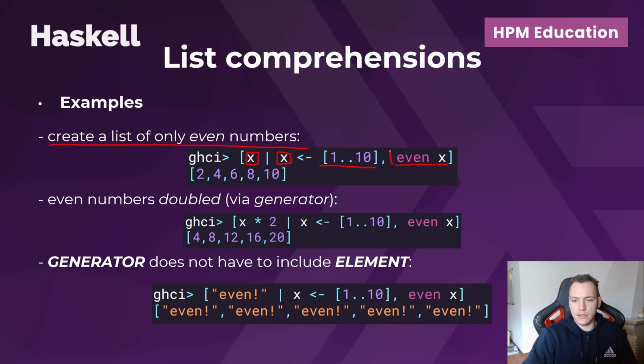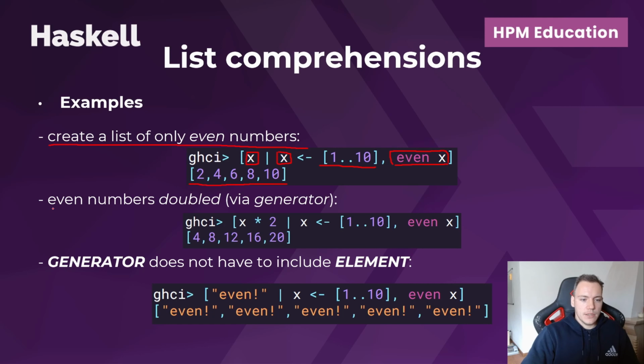So we apply the even function to x, and this guard always must be a Boolean expression, so it must equate to either true or false, which is exactly what the even function does. And the result is a new list of only the even numbers from the first list, which was 1 to 10. Now we have only the even numbers from 1 to 10.